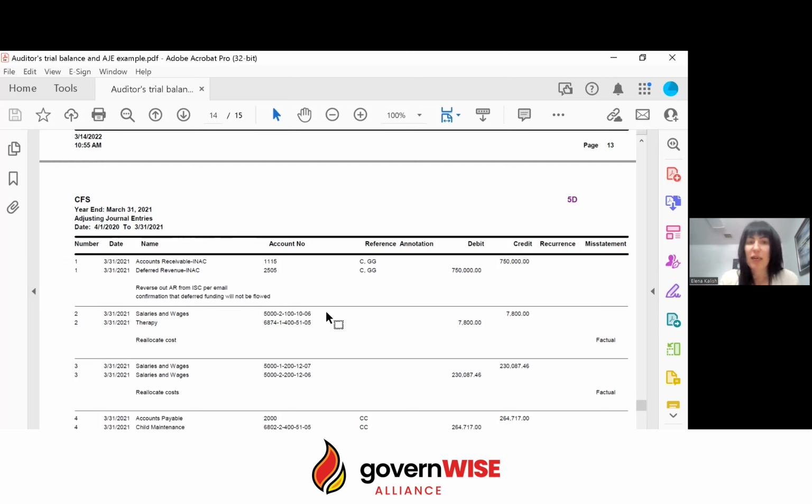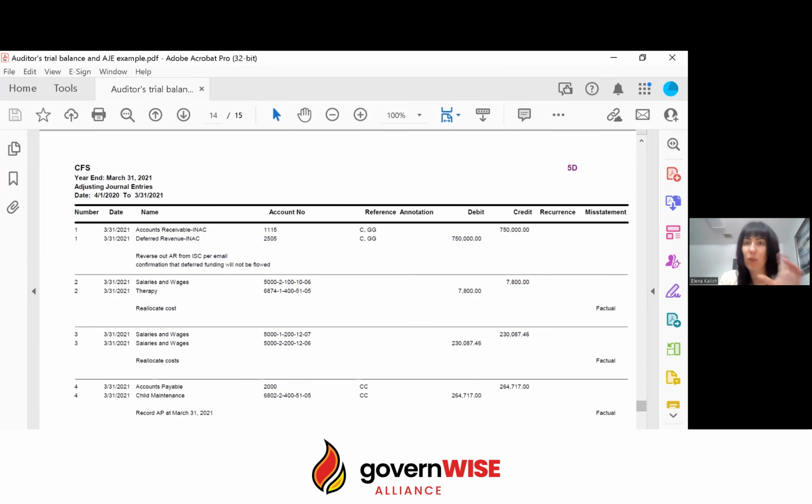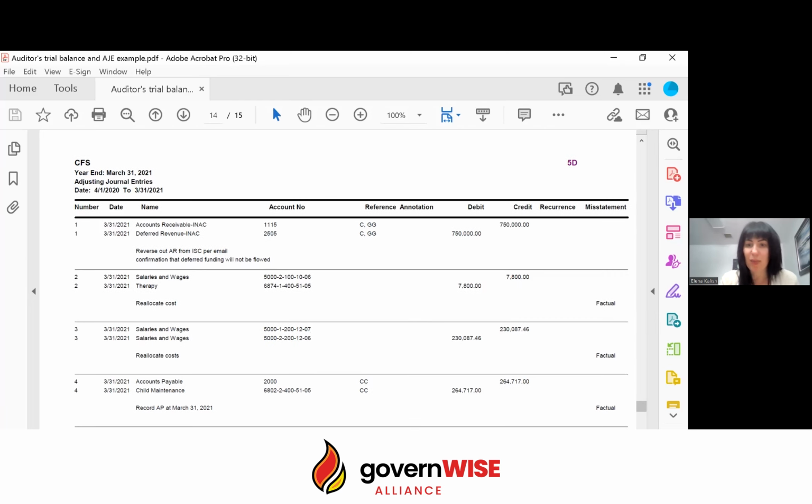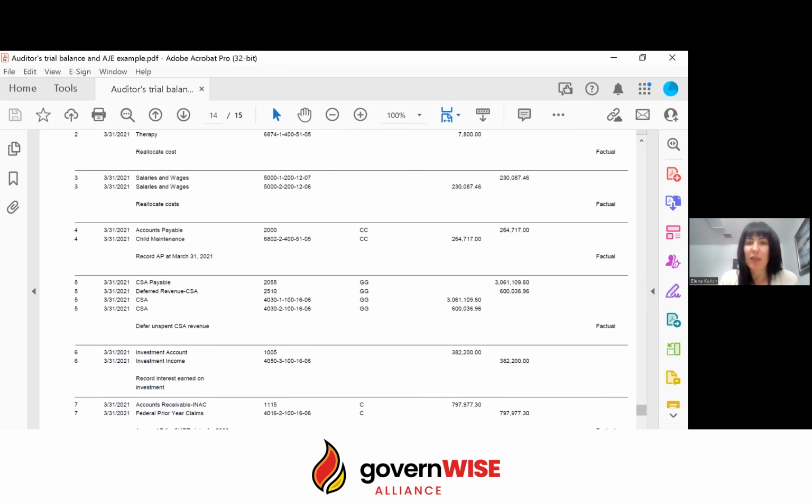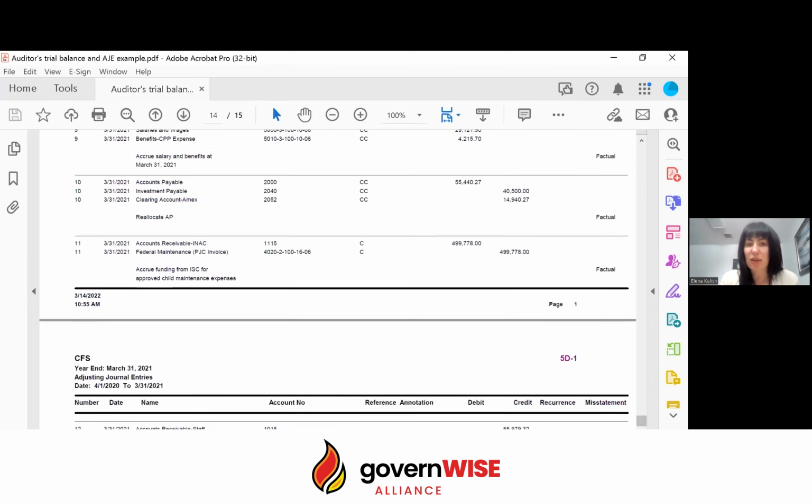For some of us, it's easier to post all these entries in one entry. So instead of entry number 1, entry number 2, entry number 3, you may want to combine them all into one entry. Just make sure the debits and credits are in the right direction. It depends how many entries the auditor has.